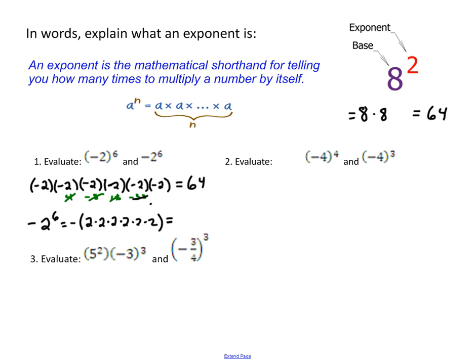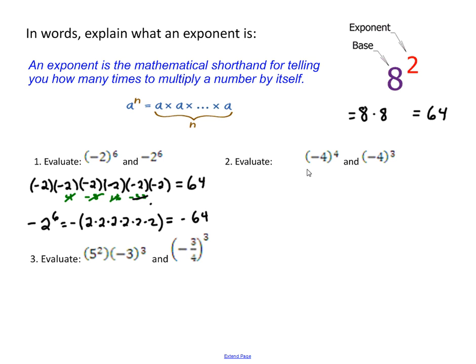So the placement of the negative sign makes a difference. And the only time we treat that negative sign as something raised to a power is if it is in parentheses.